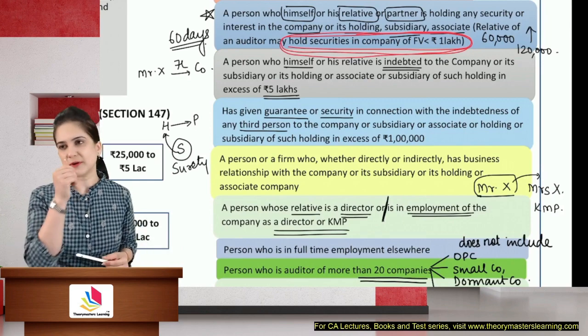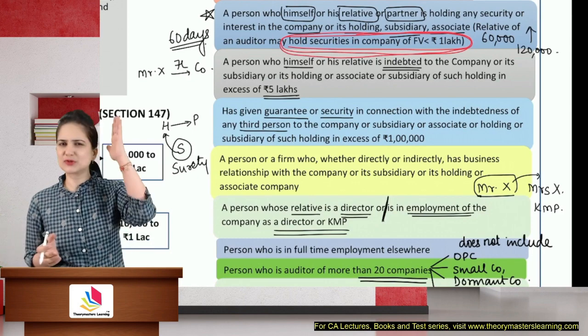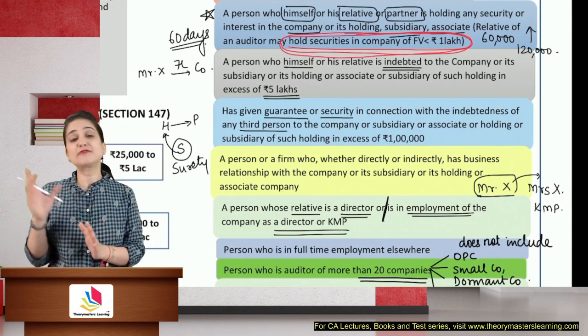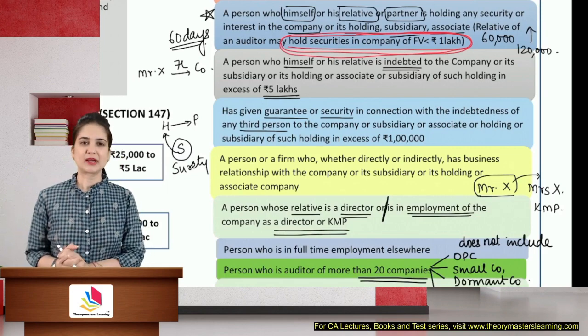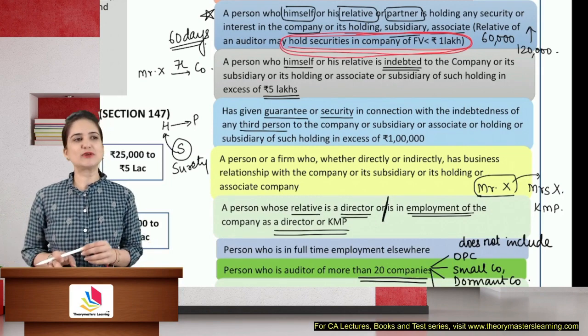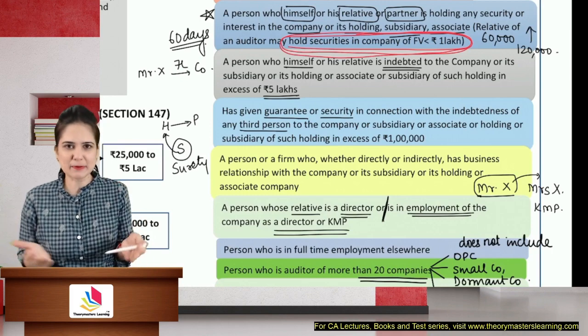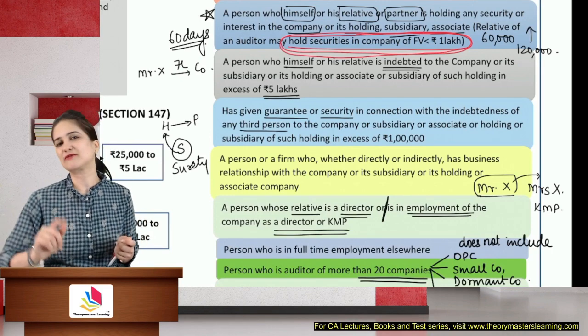But you know what, students, from this, I remember one incident. A colleague of mine, when I was doing my articleship, my friend, we were auditing a company and her father was at a very good position in the company. My friend was not given that audit. She was a part of the team, but for that particular audit, she was not included just because her father was an employee.